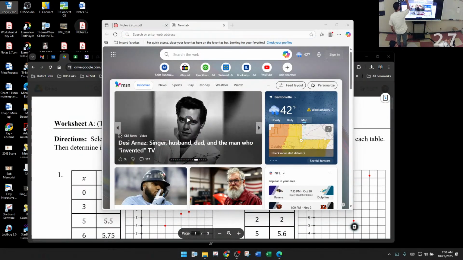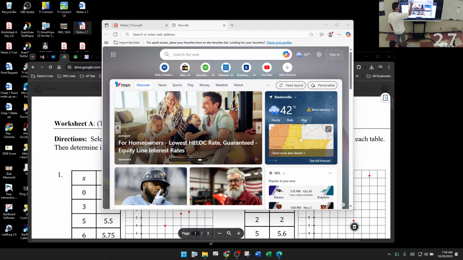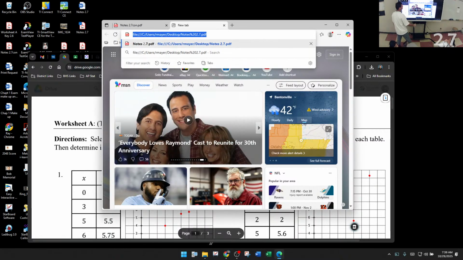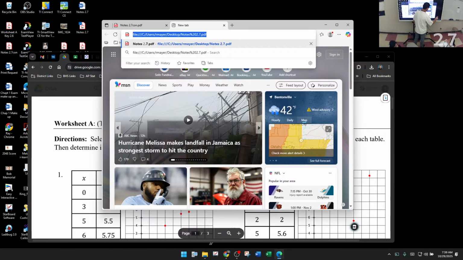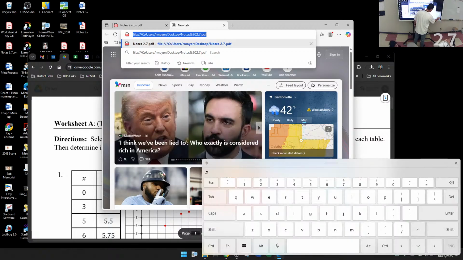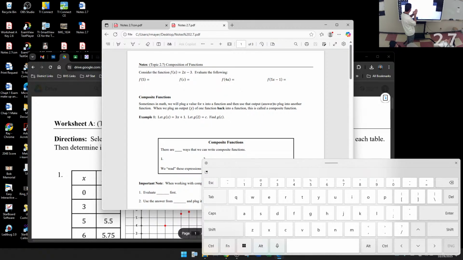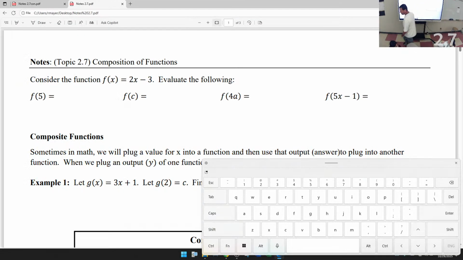Notes 2.7. Why are you going to open for me? Just let me play Tetris. I need a return button. There you go. Enter. Does that look like it? F of 5? Go! Okay, now take 2.